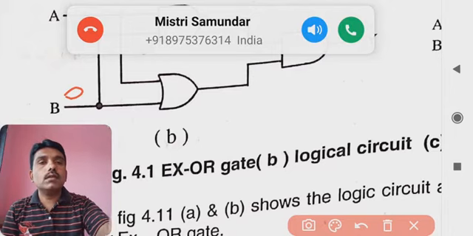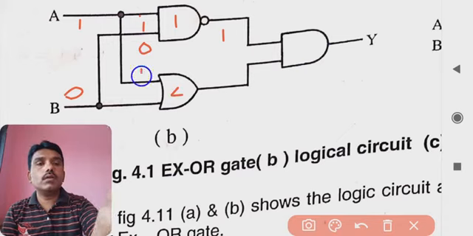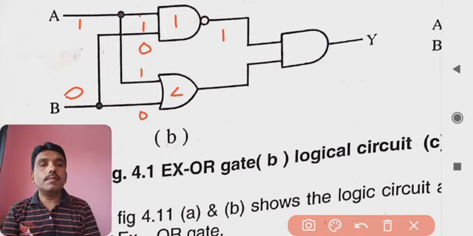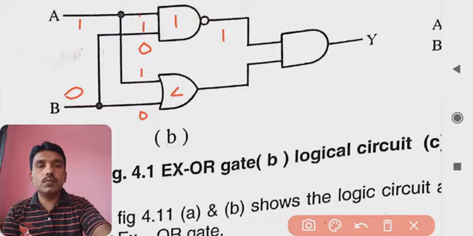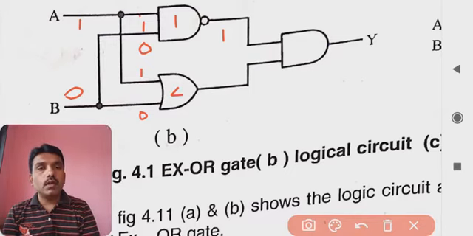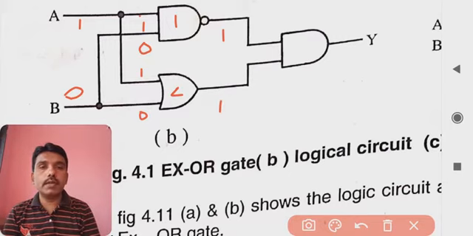And for the second OR gate, we have the input 1 0. That means again for the OR gate we have the input 1 0, and as we know, according to the logic, if any of the inputs is high, the output is going to be high. That means we are getting the output as 1, high.